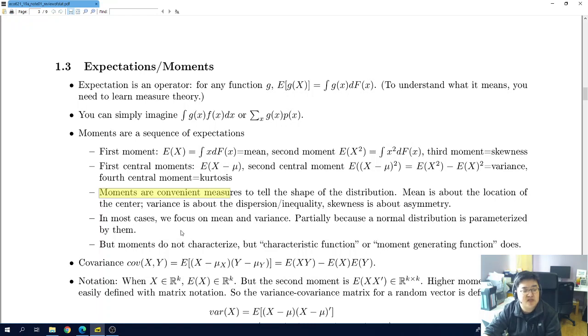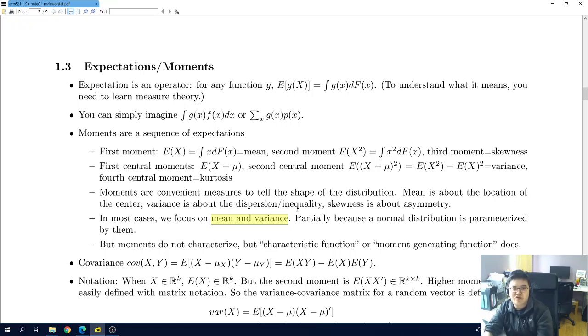But in most cases, we focus on mean and variance. Mean and variance is not complete information. To fully understand what the distribution looks like, you need to know the moments of all orders, but we focus mainly on the first two moments because normal distribution is so important, and normal distribution uses only those two moments.